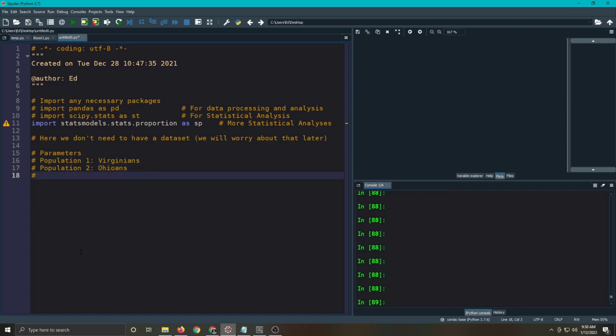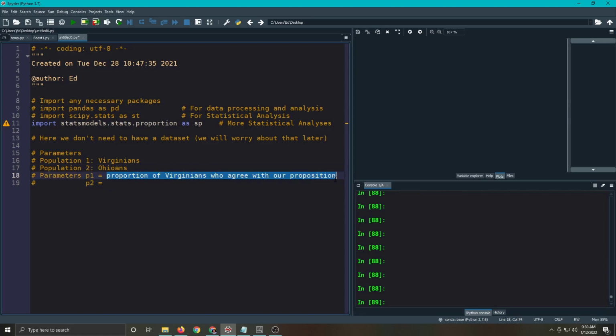Our parameters are P1, the proportion of Virginians who agree with our proposition, and P2, the exact same thing, but for people from Ohio.